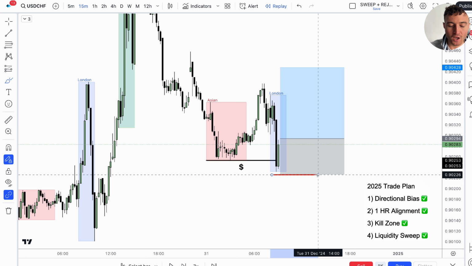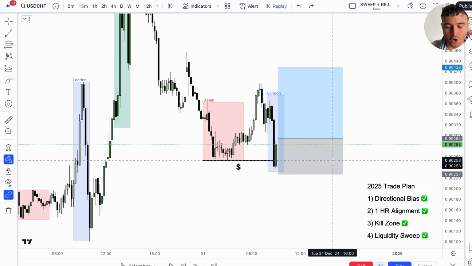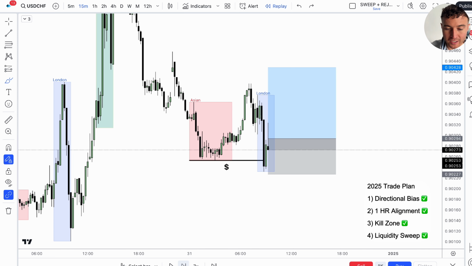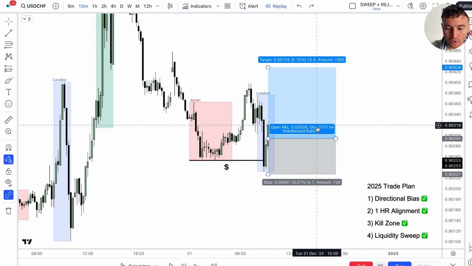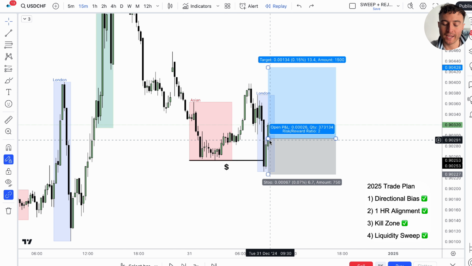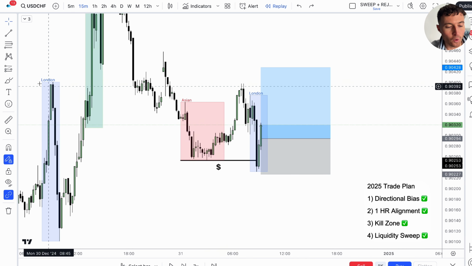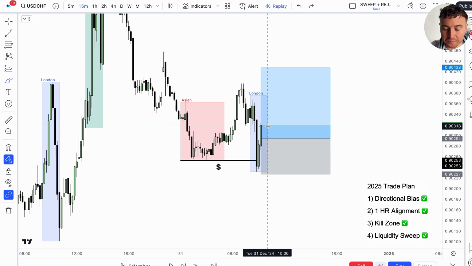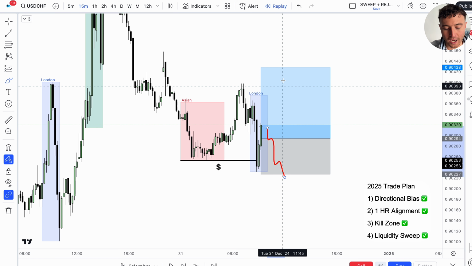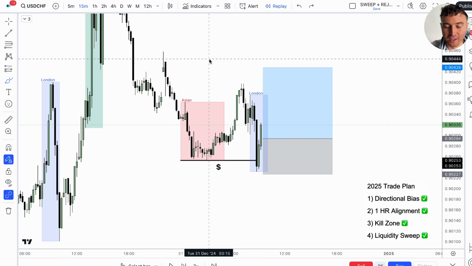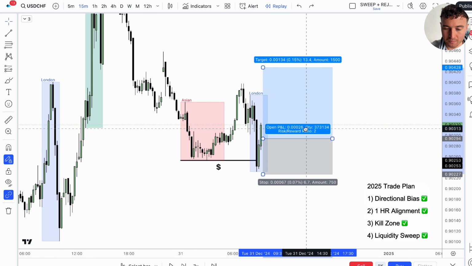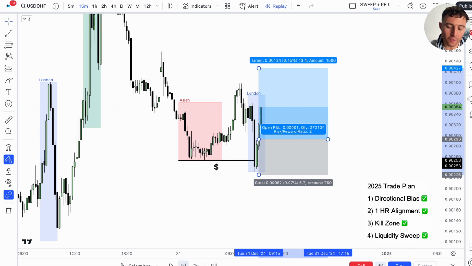It's literally we're either triggered in and we profit, or we're triggered in and then we're stopped out on this trade. So you can see right here, during the London session, during our kill zone, we are triggered long within the market. Now either we are stopped out or our take profit is hit. There's literally no in between. Okay. So now all of our trade plan has been executed.